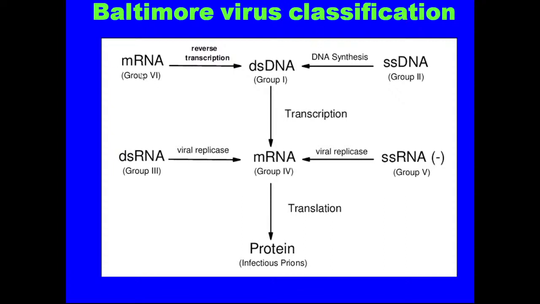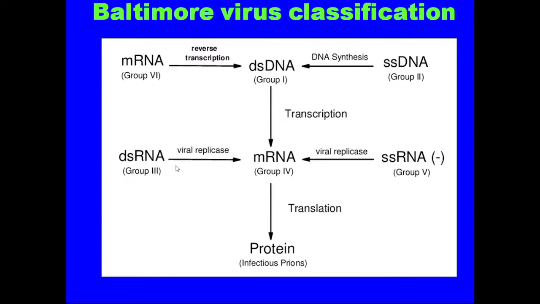For double-stranded RNA viruses, for example rotaviruses, group 3, sorry, these viruses should have their own enzyme inside the virion that is called viral polymerase or replicase.